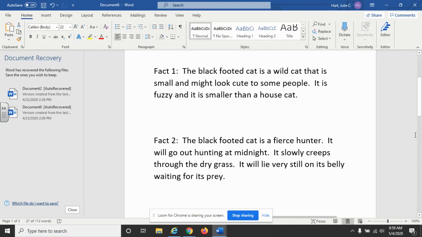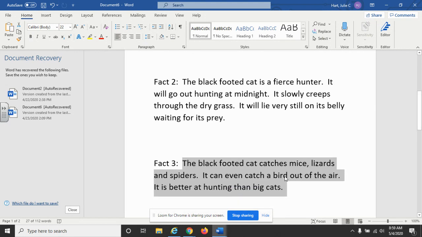Then I went on into fact number two, and I told that it is a fierce hunter. It will go out hunting at midnight. It slowly creeps through the dry grass. It will lie very still on its belly, waiting for its prey. This whole paragraph is just going to focus on how it hunts and how it describes that it is a fierce hunter.